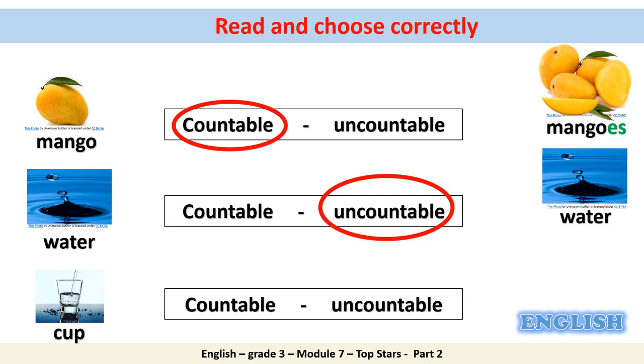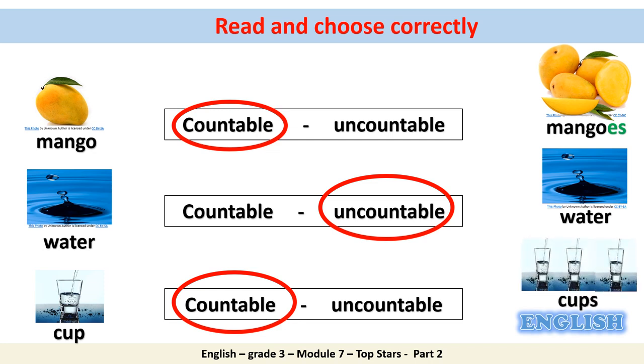Number 3. Cup. It is a countable noun. I can say, I can see 3 cups of water. Do you know that as a kid, you need to drink 8 cups of water every day?